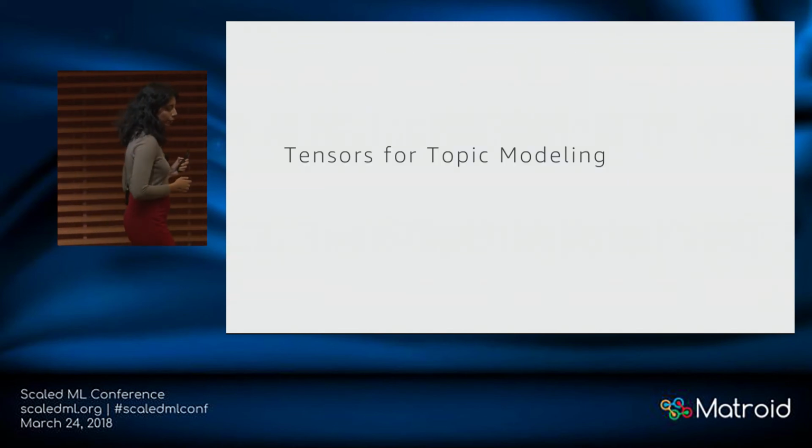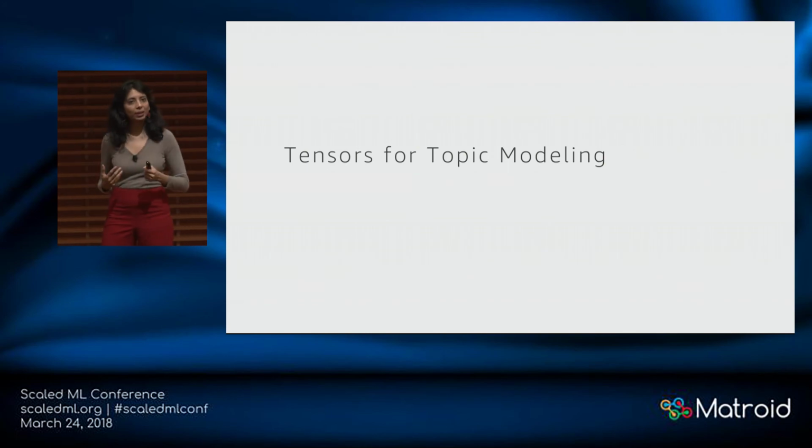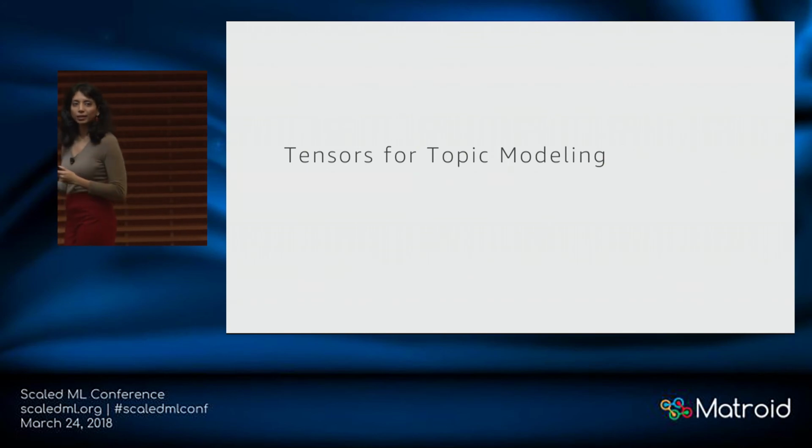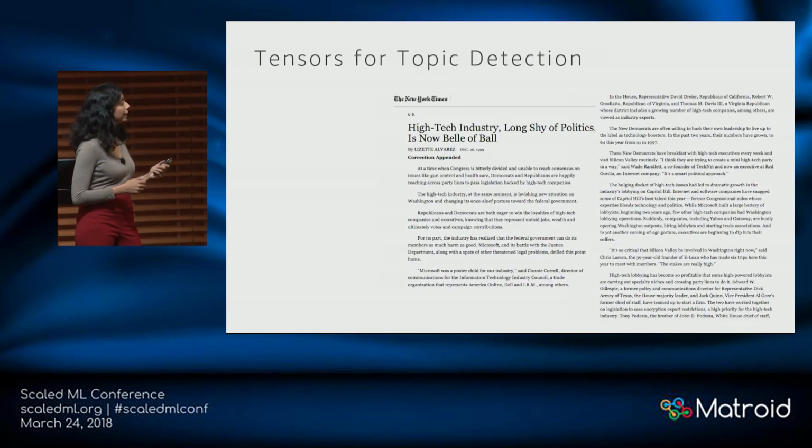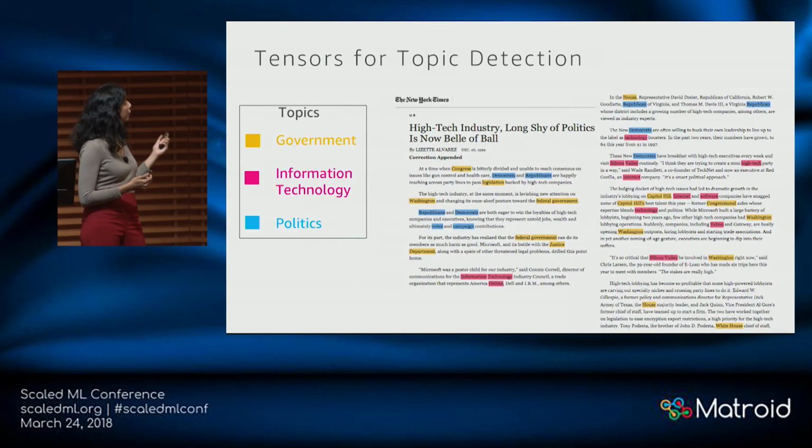So very quickly, I want to show how tensors are also applicable for extracting topics from documents. In this case, it's unsupervised learning because we only have a corpus of documents, and from that can we extract what the topics are. For instance, in this document, the topics talk about government, information technology, politics, and so on.